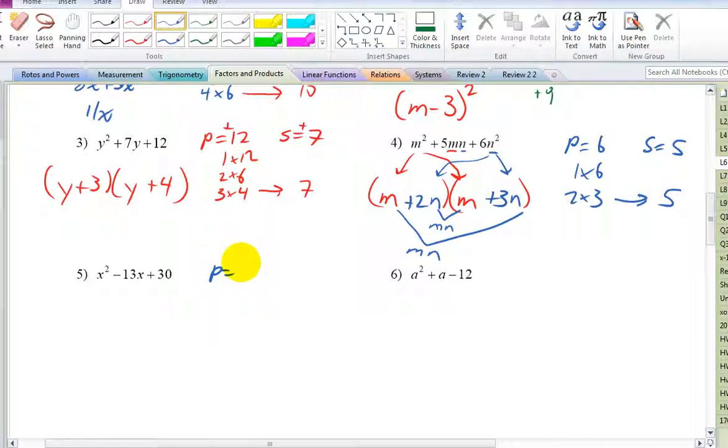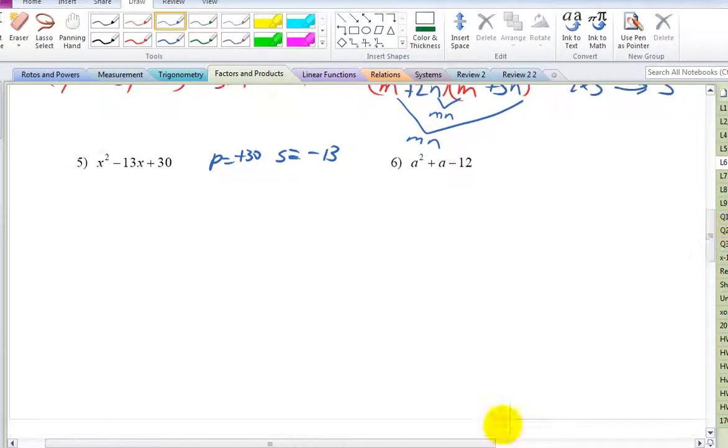Product is plus 30, sum equals negative 13. Oh, negative 13, that's interesting. Go for it, do it. I'm stuck.